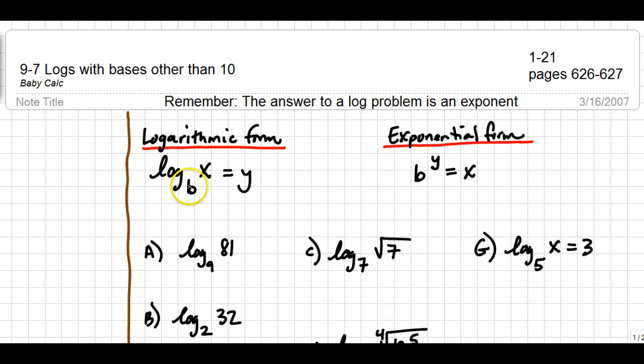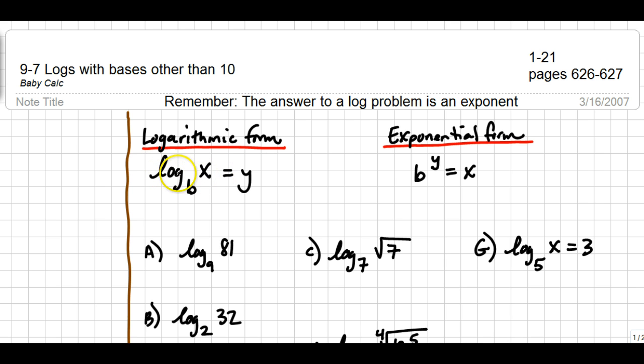Today we're going to look at when you're doing a log problem and the base is given, it'll be a number other than 10. We're still going to set up the log problem in exponential form because all logs and all exponent problems have three parts. They both have a base. In log form, it'll be a subscript number. In exponential form, it'll be the base of the exponent. The exponent is there.